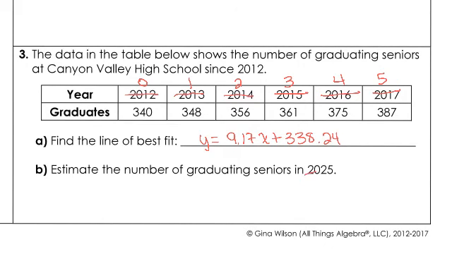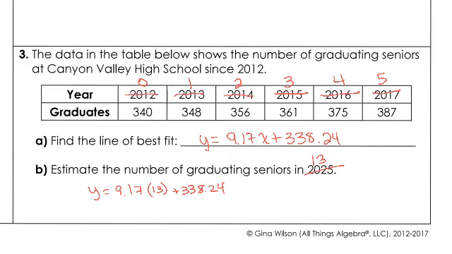So I get 13. Year 13 is the X value. So I'm going to take my line of best fit, put in 13 for X, my input, then pause this and do the math in your calculator, and then unpause it when you're ready to check.